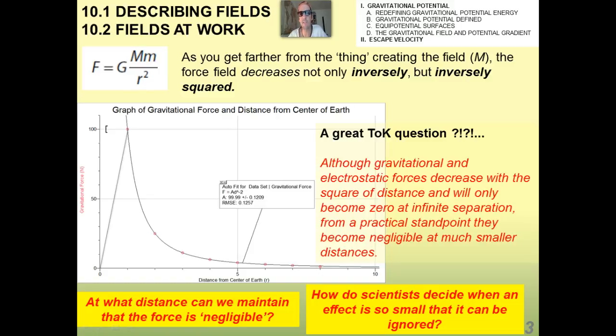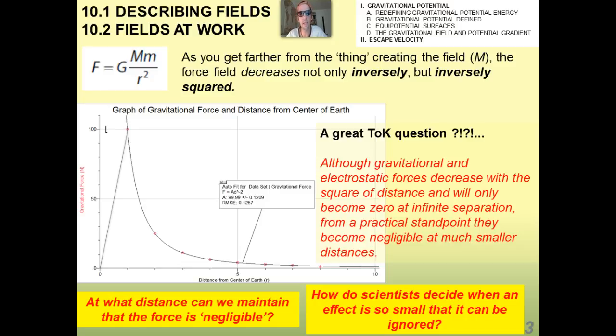And I have here a great TOK question for you guys, okay? We talk about how at great distances from the Earth, the strength of the gravitational field goes to 0, it becomes negligible. A good TOK question would be, how do scientists decide when an effect is so small that it can be negligible or ignored? It's interesting. And I think there really probably is no definite answer for this.